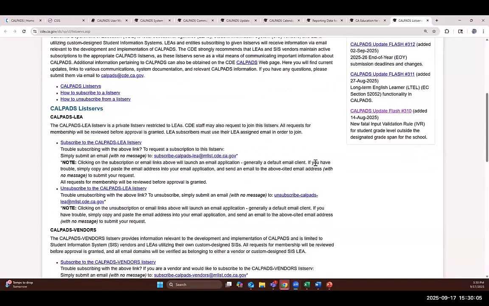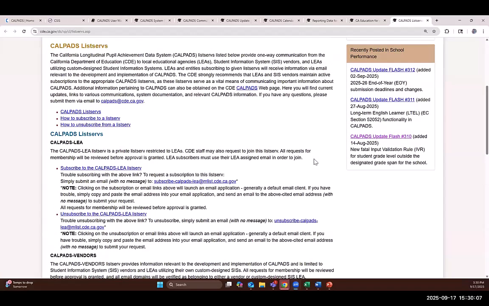And it doesn't look like we provide a confirmation back, but it will let you know if you try to duplicate it, that you've already submitted one. So you couldn't submit one again. We only process those, I think, once a week here in the CalPADS office.